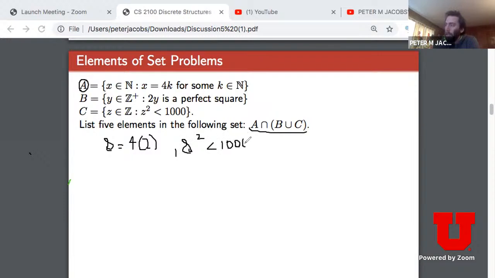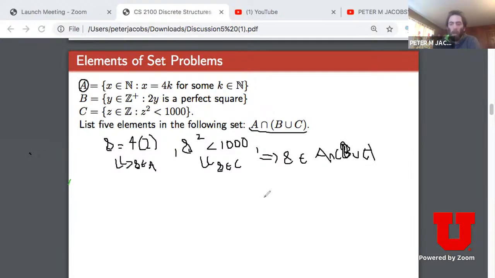And so 8 is in C. So this implies 8 is in A, and this implies that 8 is in C. Okay, so therefore 8 is in A intersection B union C.